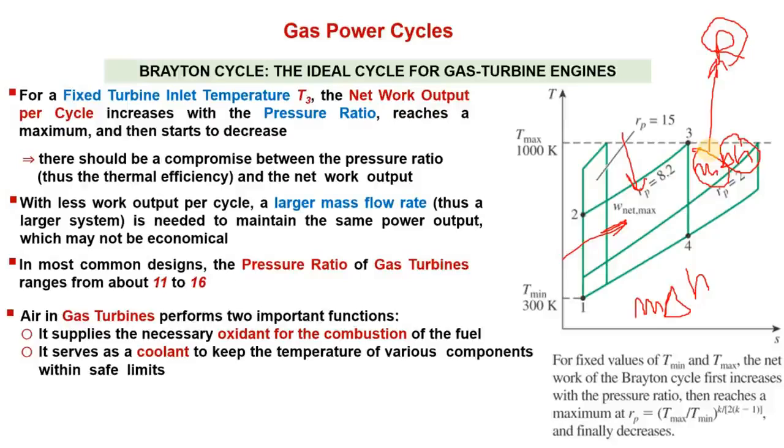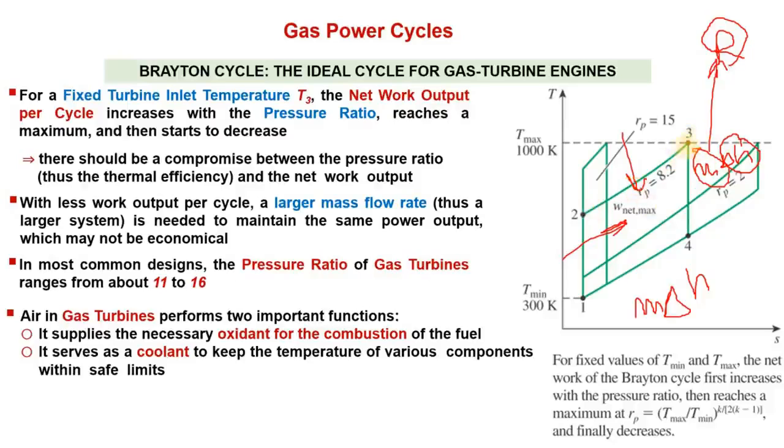For example, to burn 1 kilogram of fuel we need 20 kilograms of air, but in gas turbine power plants we supply 50 kilograms of air. So only 20 kilograms is used to burn the fuel. The rest, 30 kilograms, will be used to cool these components, because this air will not burn, so its temperature will remain low.